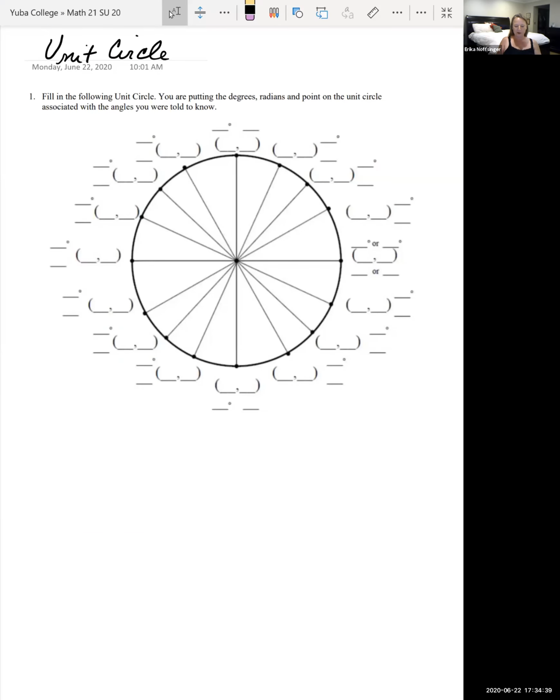Okay, so now we're looking at the approach of identifying trigonometric functions using the unit circle. We were looking at before, and actually I do want to come back to this, the ratio of sides of a triangle from an angle.